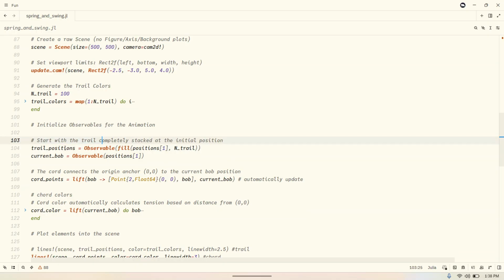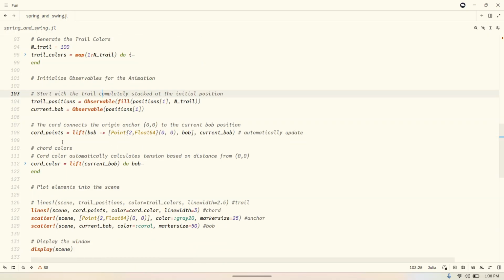And then you start with the trail. I also do this thing called lifting an observable. Observables are another nice thing in GLMakie, or integrated with GLMakie. It's a standalone package, however, where you don't need to keep updating things yourself. Once you update it, it automatically reflects in your animation.